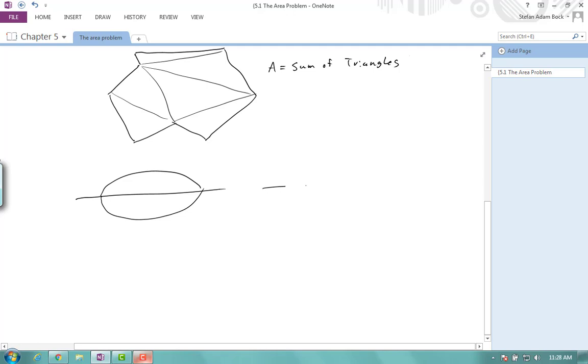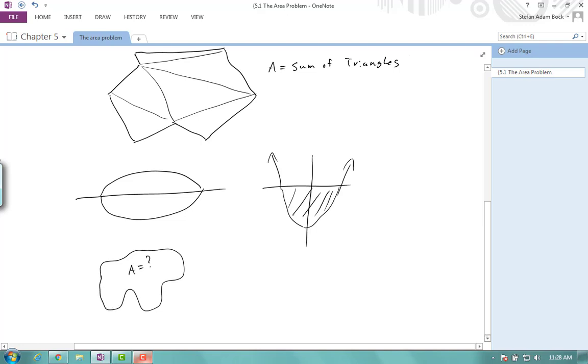Or if I chop off part of a parabola, what's the area contained in there? Or if I have a really weird shape, how do I calculate the area?